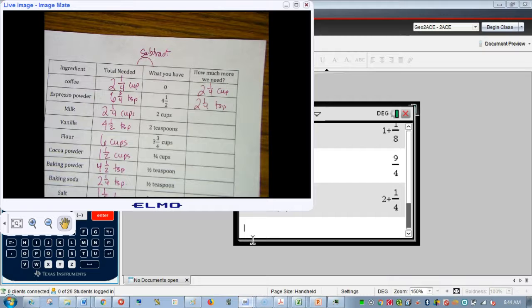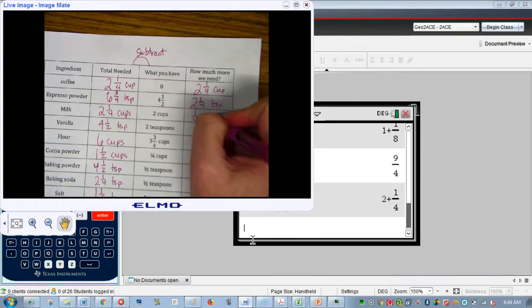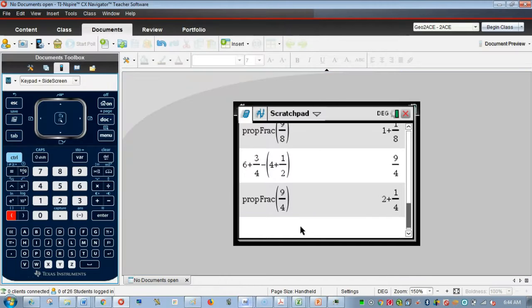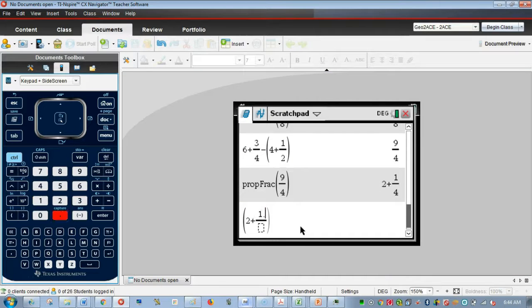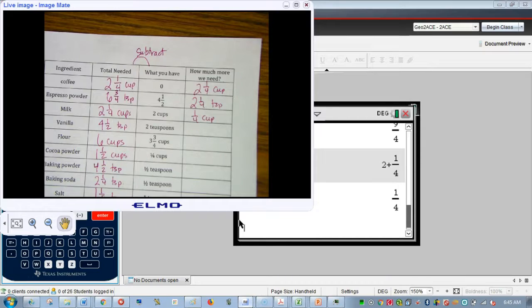All right, milk. I have 2 1/4 cups. I already have 2 cups. I know that if I have 2 1/4 and I subtract 2, I'm going to be left with 1/4 cup. Now, if you don't believe me, you go to your calculator, 2 1/4. Get out, minus 2 cups, leaves me with 1/4 cup. All right, next one is teaspoons.